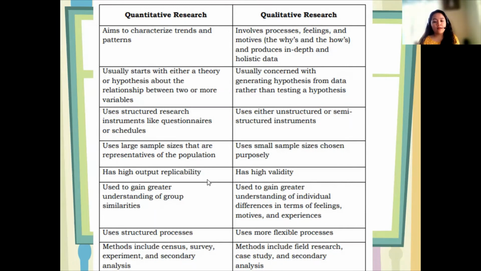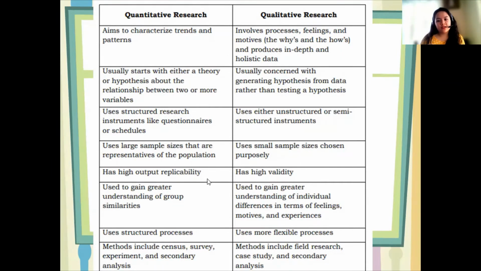So usually, qualitative research is done by courses from philosophy, mga ganon, psychology, sa dissertations, pag nag-doctorate ka, ganon. So they use qualitative research. And sometimes, they also use it in masters. Pero, depende na sa researcher yun.